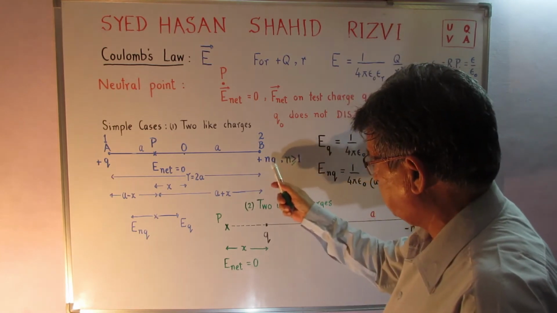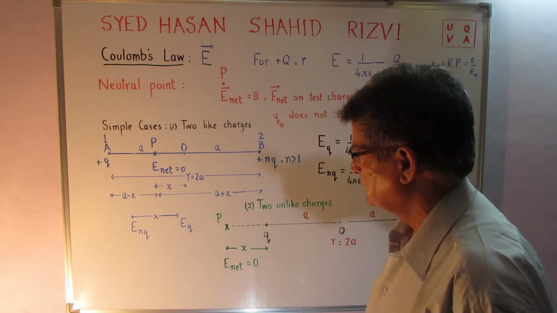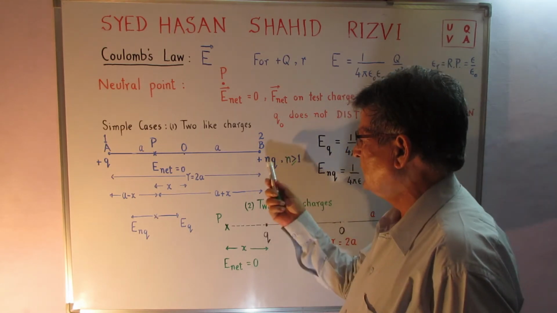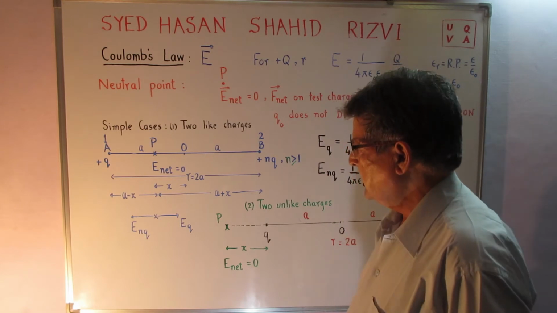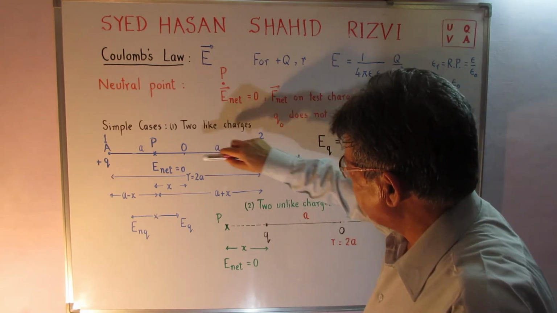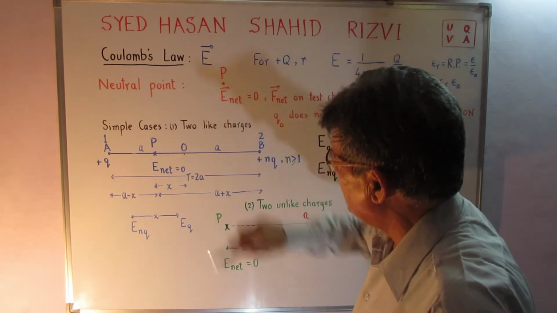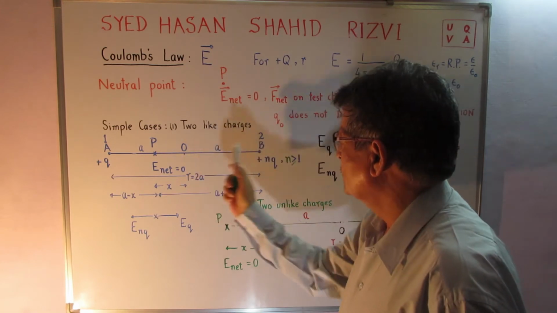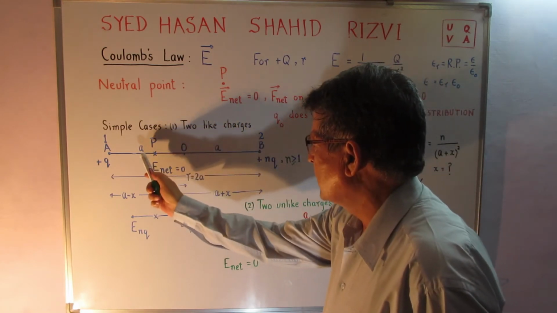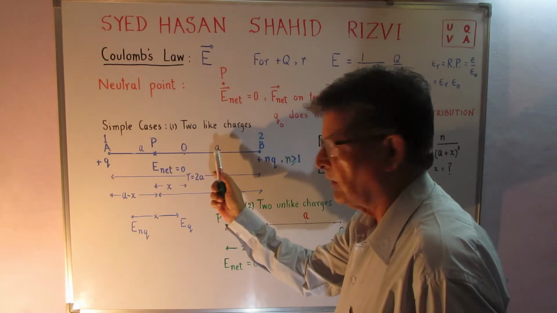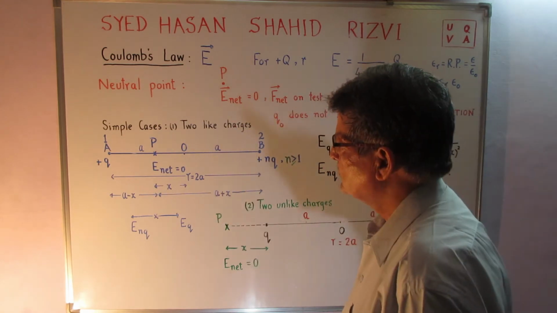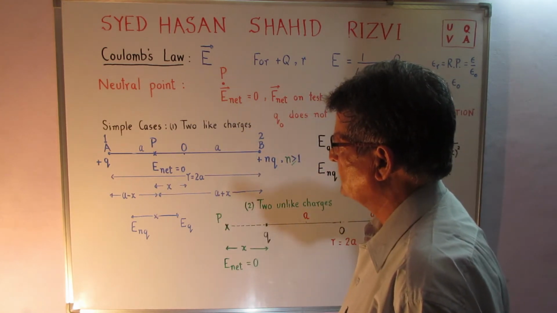Now if n is more than 1, then for the same place O, the field due to this will be more as compared to the field due to this one. So there is an imbalance.